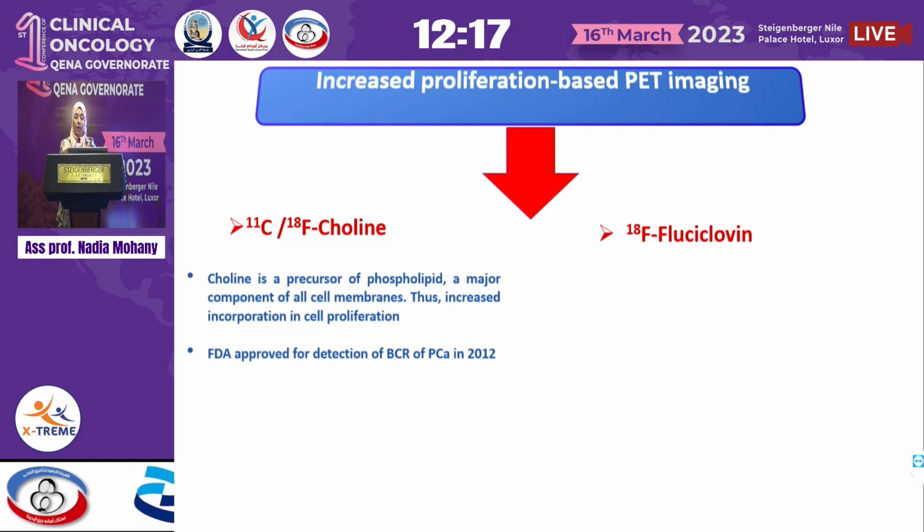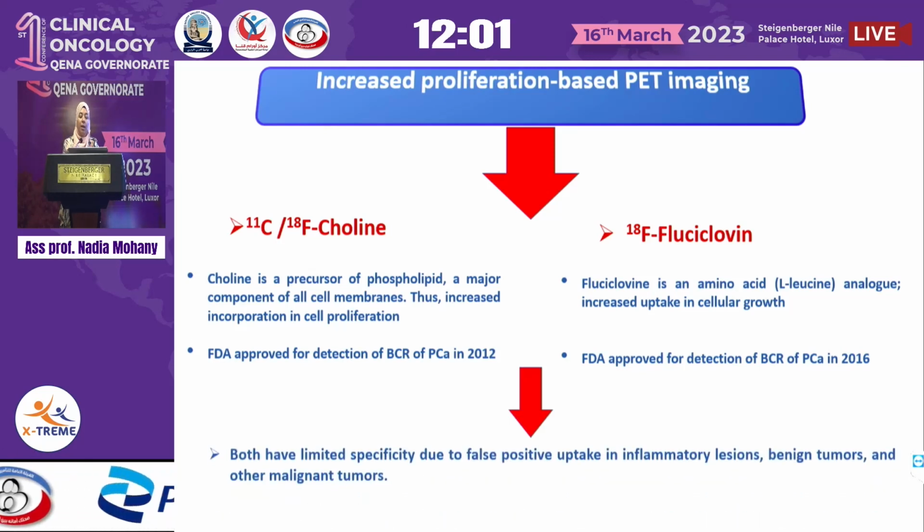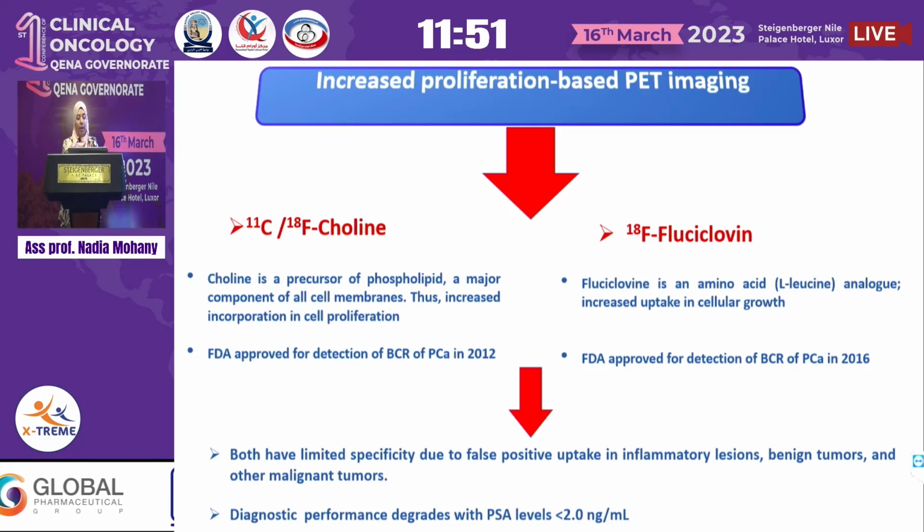And the second tracer was F18 fluciclovine. Fluciclovine is an amino acid analog, and again it has increased uptake in cellular growth, and was FDA approved for detection of biochemical recurrence in 2016. However, both have limited specificity due to false positive uptake in inflammatory lesions, benign tumors, and other malignant tumors. In addition to that, the diagnostic performance decreased with PSA level lower than 2 nanogram per milliliter.